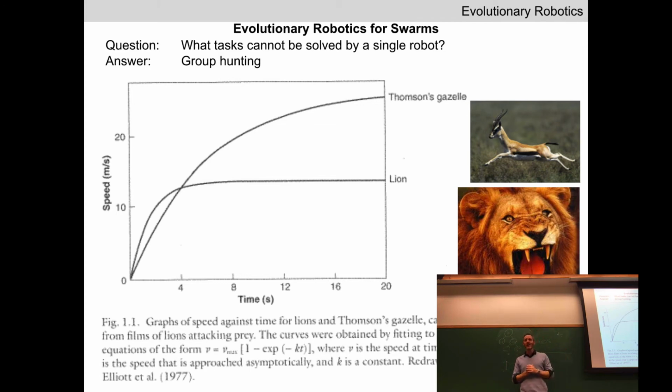When we talked about legged locomotion, one of the chapters had this particular figure in it, which is showing the speed curves for lions and gazelle. If you were a lion and your favorite meal was gazelle, what would you be doing out on the Serengeti plain? Obviously chasing gazelle, but how would you be chasing gazelle? By ambush, right?